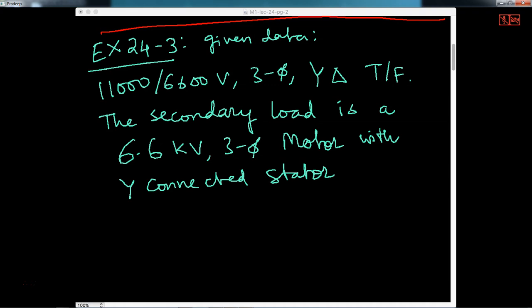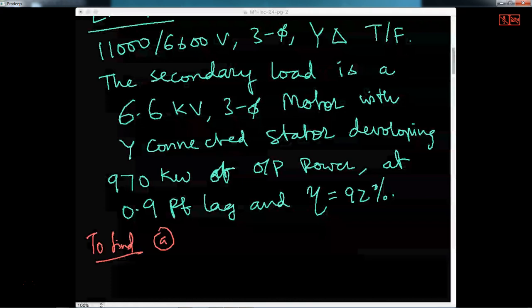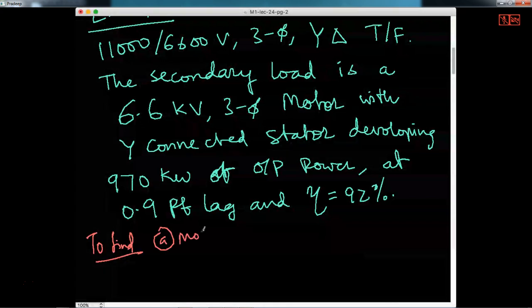Now given this data, what do we have to find out? Let me write, to find. First, we have to find the motor line current, line and phase current.